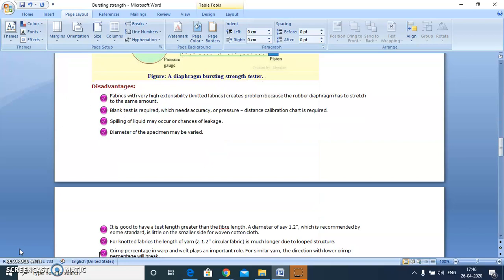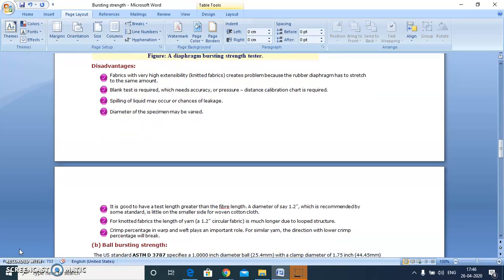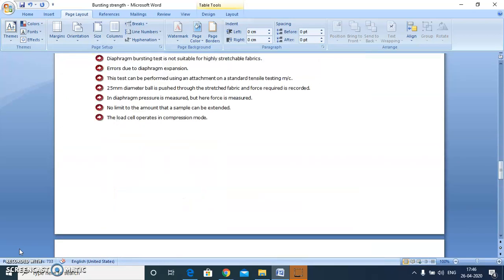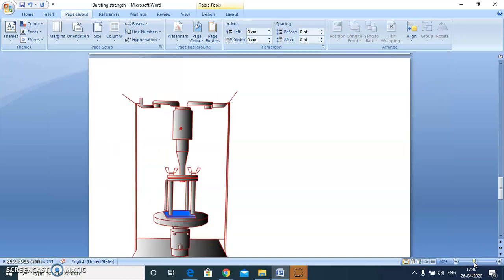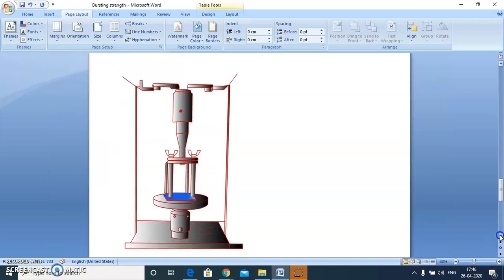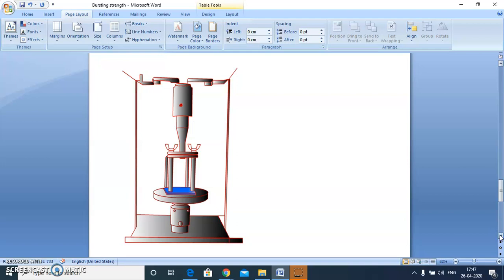The other option is the ball bursting strength test. The line diagram is shown here. There is some sort of attachment on the jaws of the tensile tester, and we press a 25 mm steel ball through the fabric and note the force required to burst the fabric.